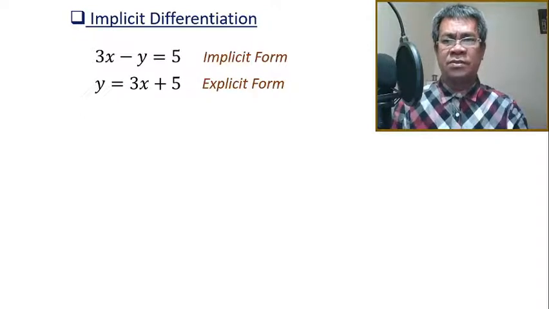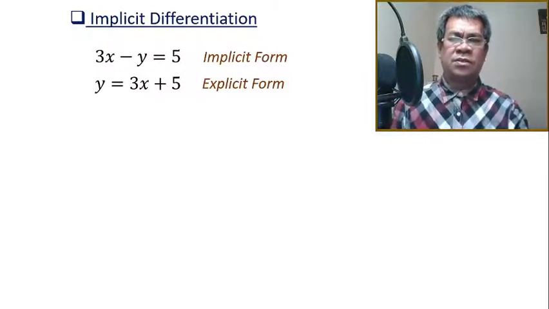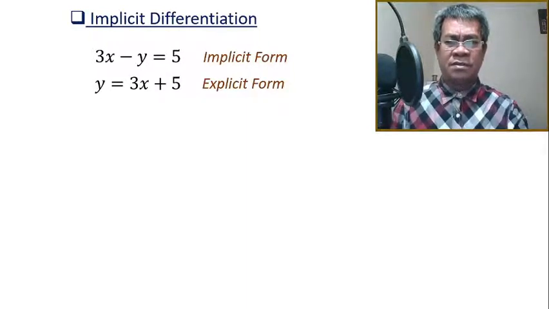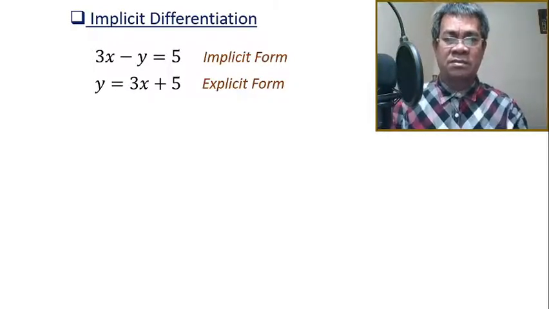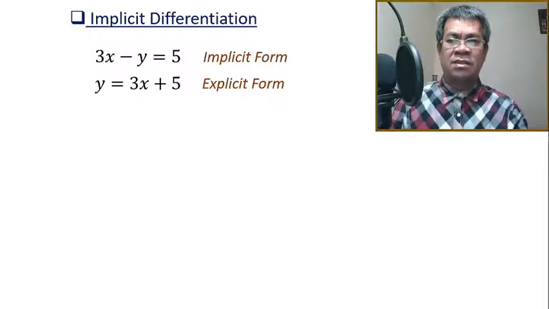So in this video, we will differentiate the implicit form. By the way, sometimes an implicit form has an explicit equivalent, but not every implicit form can easily provide an explicit one. An explicit form can always be converted into implicit form, but the implicit form does not always have an explicit form of the function.